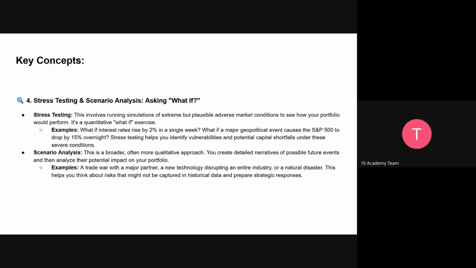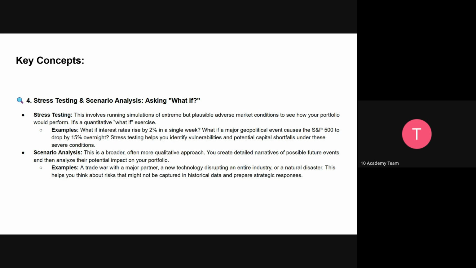For example, what if interest rates rise by 2% in a single week? What if a major geopolitical event caused the S&P 500 to drop by 15% overnight? If interest rates rise by 2% for a single week, maybe the stock market will get into a situation that would make you lose a large amount of value, right?